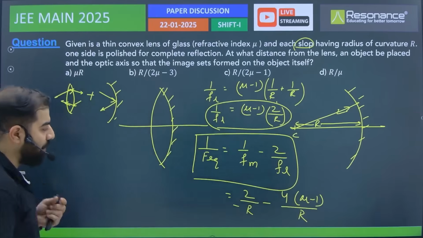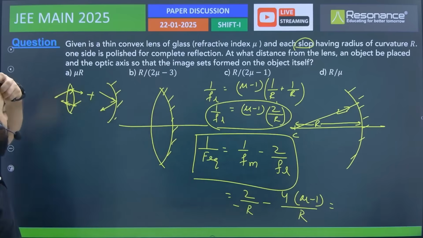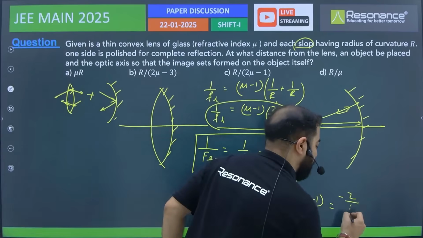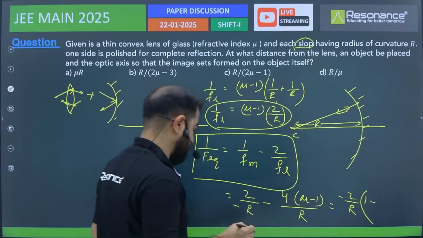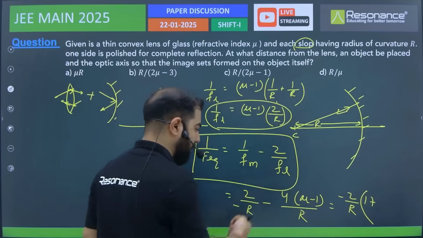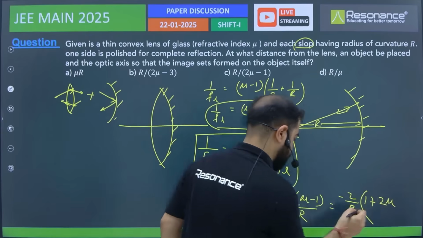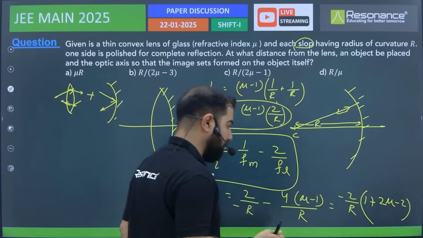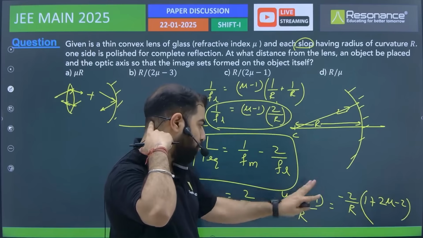Okay, so I can see the options. Based on that, I should take the common. Minus 2 by r if I take common. So that's like 1 minus, this is plus because minus is taken common, 2 mu minus 2, right? 2 taken common, 2 mu minus 2.